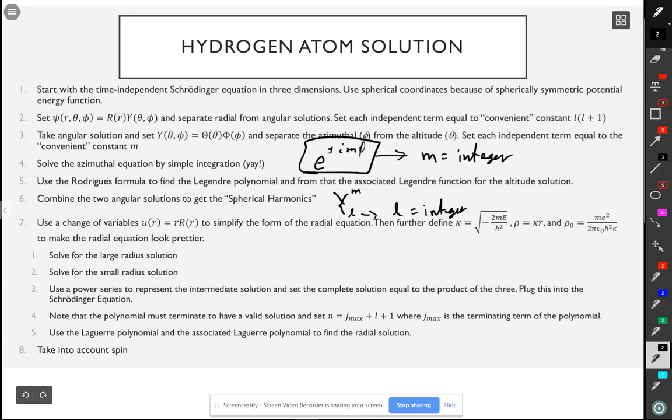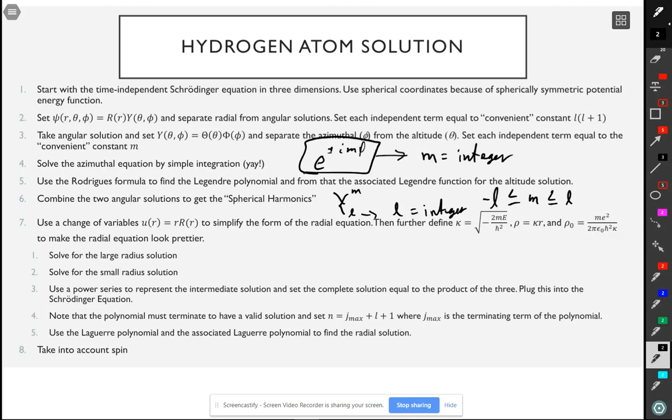And based on the Rodrigues form, based on Rodrigues and Legendre, we had minus L less than or equal to M less than or equal to plus L. So that came mathematically. Once we associate angular momentum with this, then I started talking about how total angular momentum has to be greater than or equal to the component in the z direction to get these limits.